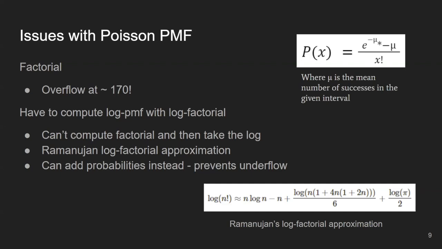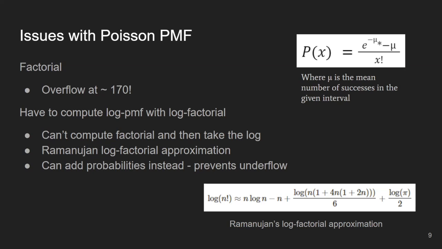So a problem we ran into with the Poisson PMF is that we have to alter the way we're calculating it slightly, because there's a factorial in the denominator, and our x values can go around 400, but the computer can only handle x values up to around 170. So we had to compute the log PMF using the log factorial. And as we can't just compute the factorial and then take the log, we had to find a log factorial approximation.